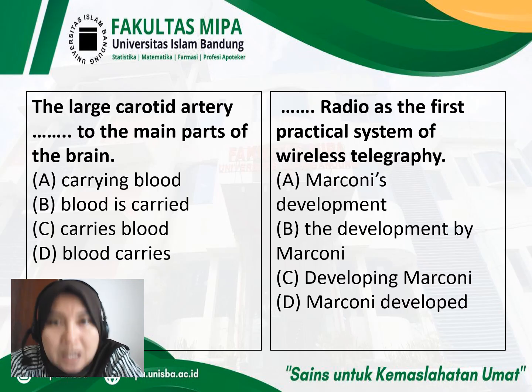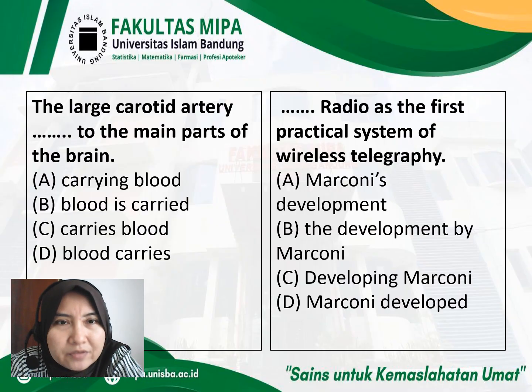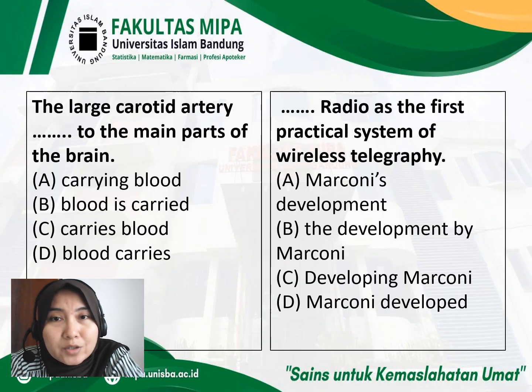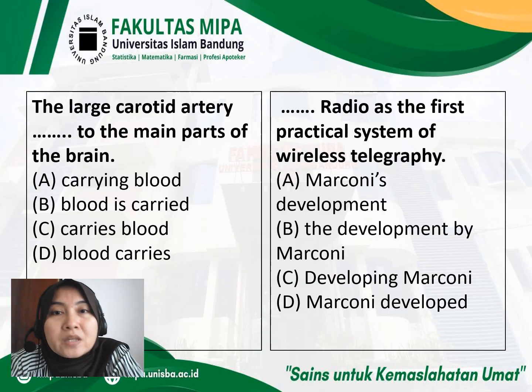Option C, developing Marconi. Developing Marconi, what is it? Developing Marconi is incorrect grammar. Developing here acts as an adjective, so we still need a verb in this option. So this is not the correct answer. So let's move to D. D is Marconi developed.